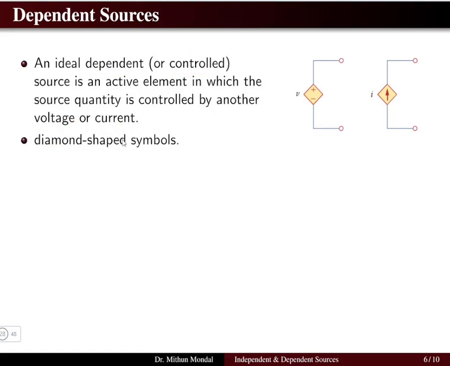Here the symbol is of diamond shape. Whenever diamond shape symbols are used, we have to understand that they are basically dependent sources. Otherwise we have a positive and negative sign for the voltage source and an arrow sign for a current source. But the diamond shape symbol will indicate that it is a dependent source.